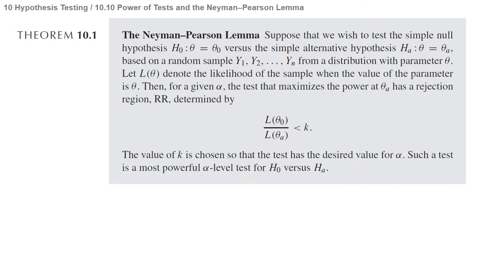Okay, let's move on to Theorem 10.1, the Neyman-Pearson lemma. Suppose that we wish to test the simple null hypothesis H0, theta equal to theta 0, versus the simple alternative hypothesis HA, theta equal to theta A, based on a random sample y1 to yn from a distribution with parameter theta.